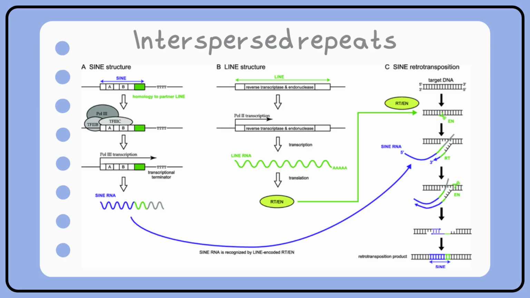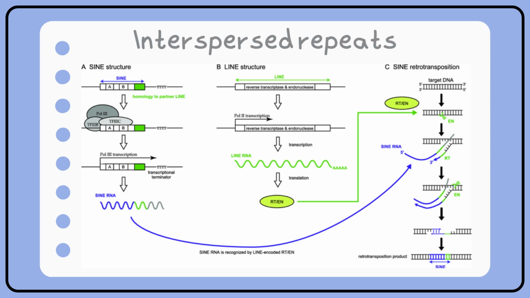Another group of interspersed repeats is SINEs or short interspersed nuclear elements. SINEs are shorter than LINEs, around 300 base pairs long, and they make up another 5% of the genome.